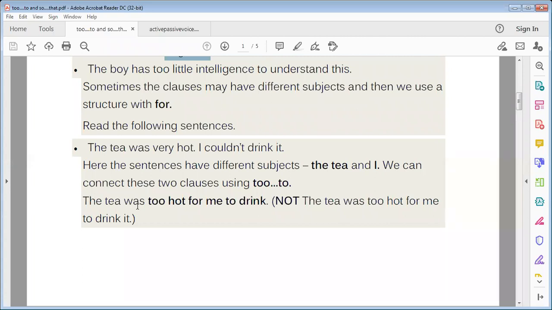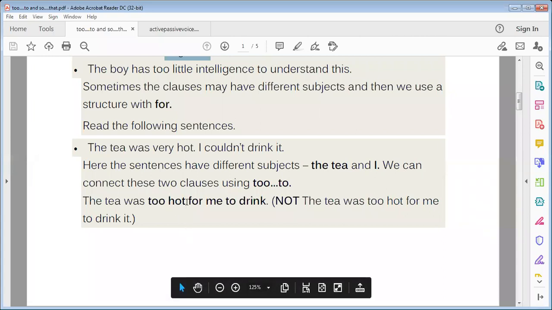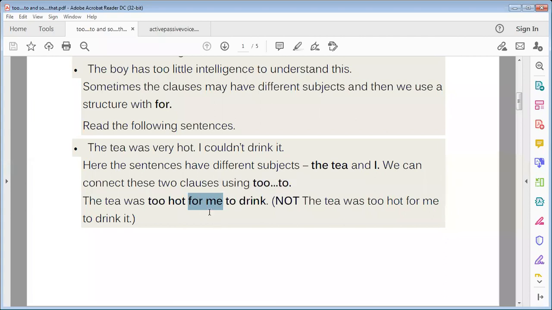The tea was too hot for me to drink. So what has changed? We have just added this for me, which was the second subject, because it is difficult for me to drink. Okay, the rest of the structure is the same. Too plus adjective or adverb plus to infinitive. Here, the tea was too hot for me to drink.